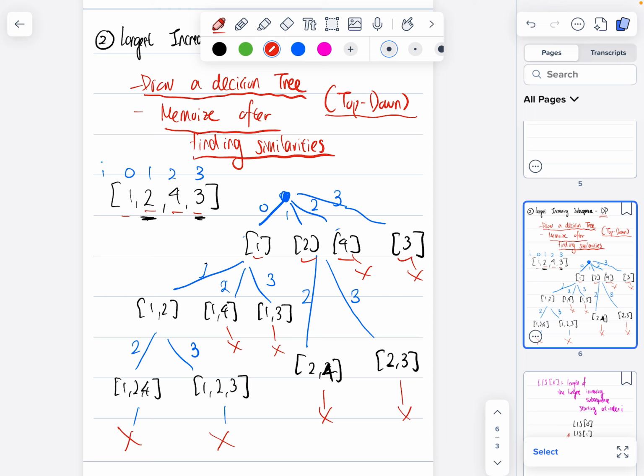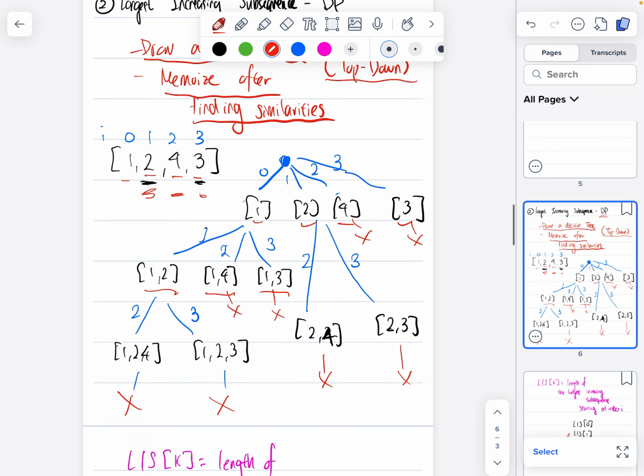And then at 1, you have the choice of adding 2, 4, or 3, at index 1, 2, and 3. So it becomes 1, 2, 1, 4, 1, 3. Now you're at 1, 2. If you pick the second index, you become 1, 2, 4. If you pick the third one, you become 1, 2, 3.